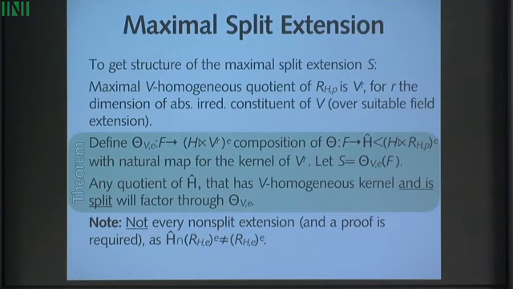So for the split part, remember, V is a simple module. I'm looking at something which is in the quotient of the regular module, and I know I can calculate a priori how often V will occur as a quotient of the regular module. It will occur R times, where R is the dimension of an absolute irreducible constituent of V. I'm always working over the field with P elements.